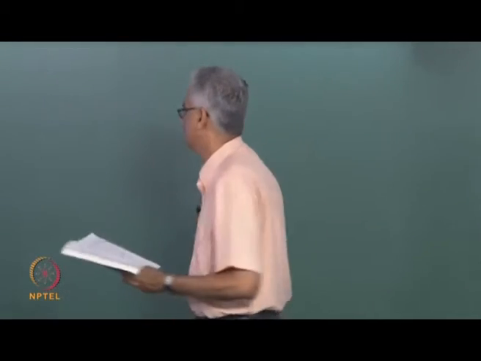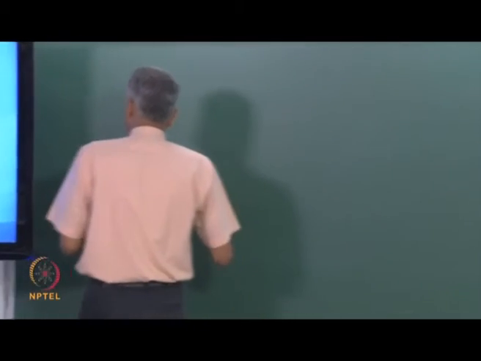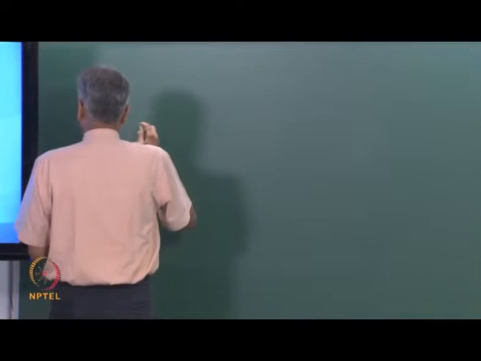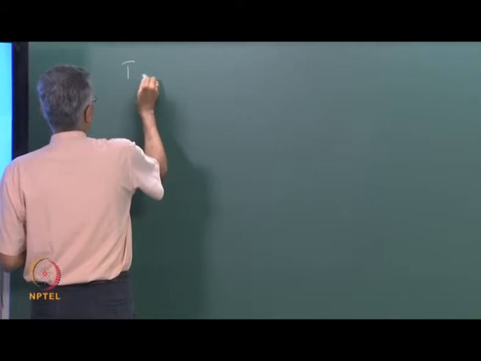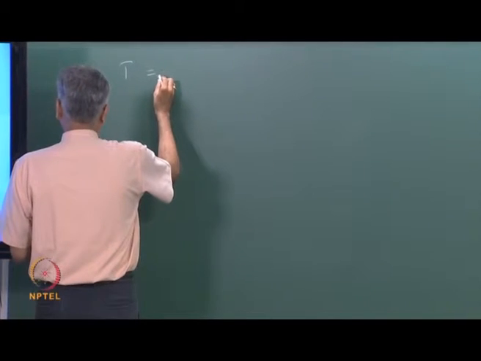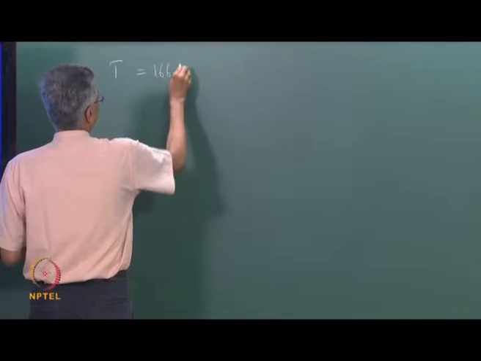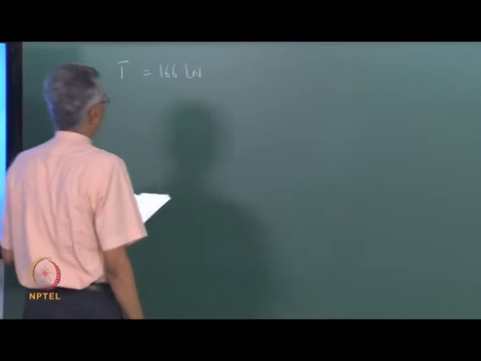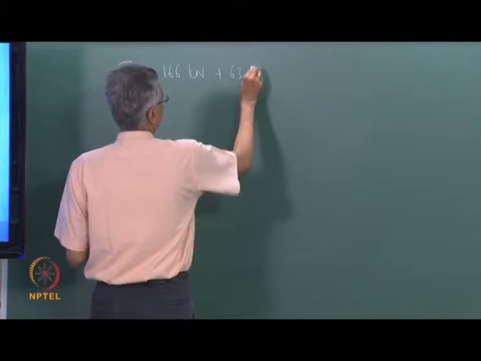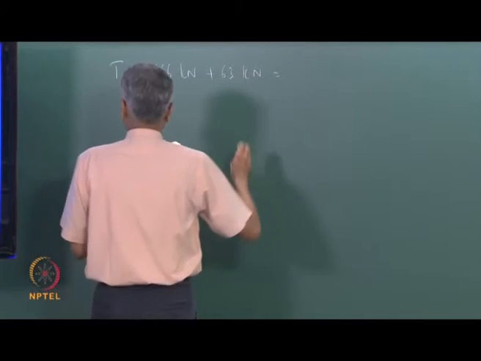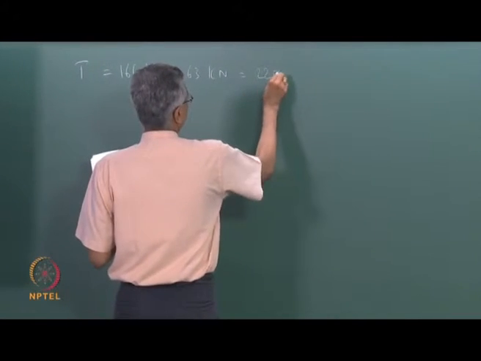So in the last class we calculated the value for the total thrust under static condition. We said that the total thrust was composed of 166 kilonewtons of thrust from the fan and 63 kilonewtons of thrust from the core engine, which worked out to 229 kilonewtons.